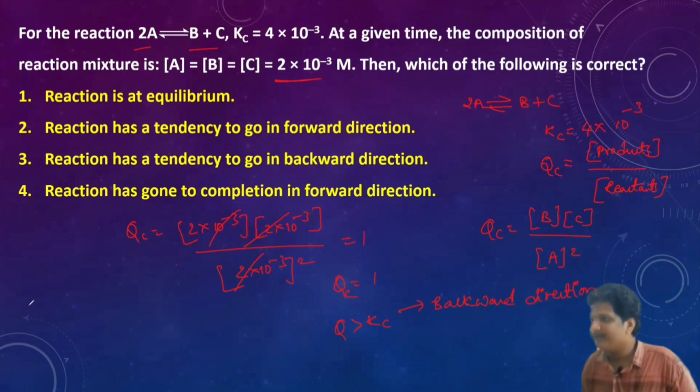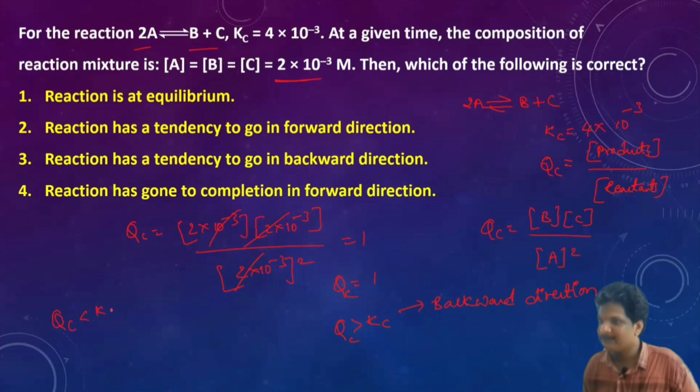If Qc is lesser than Kc, what will the reaction be? If Qc is lesser than Kc, that reaction will be in the forward direction.